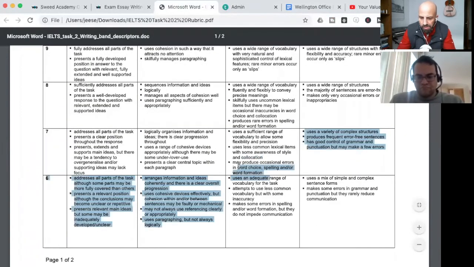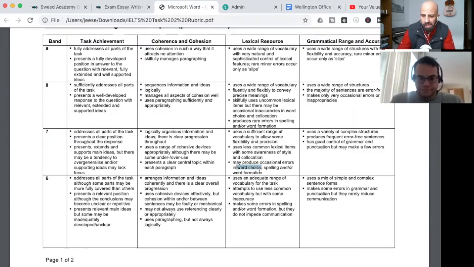And then may produce occasional errors. That's why it's a 7. May produce occasional errors in word choice. So if you make an error, it's not the end of the world. You can still get a 7. Spelling and or word formation, but occasional. That's the difference. Whereas if you look down at 6, make some errors in spelling and word formation, but they do not impede communication.